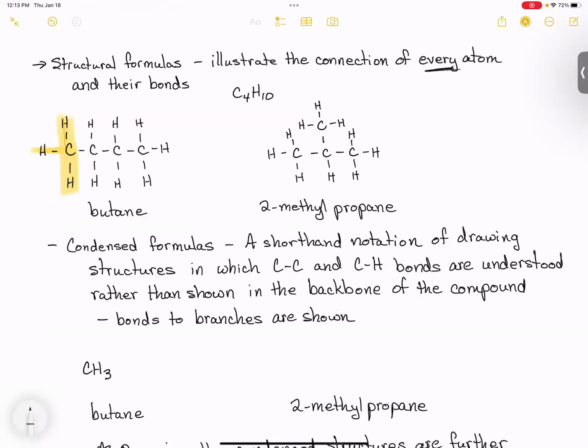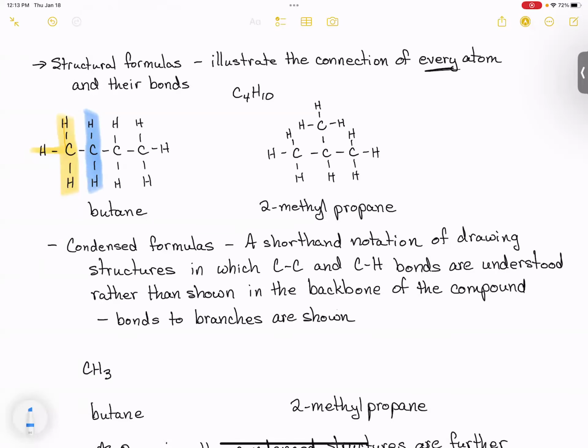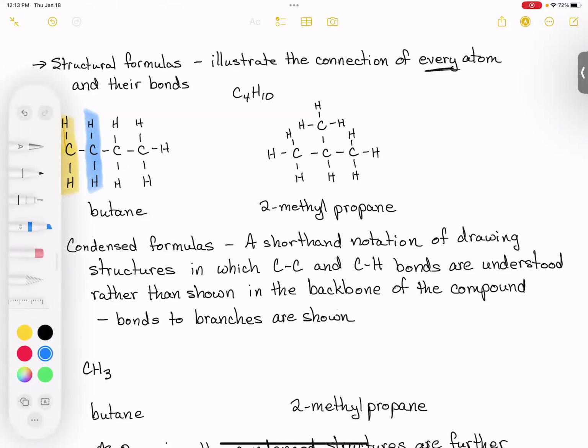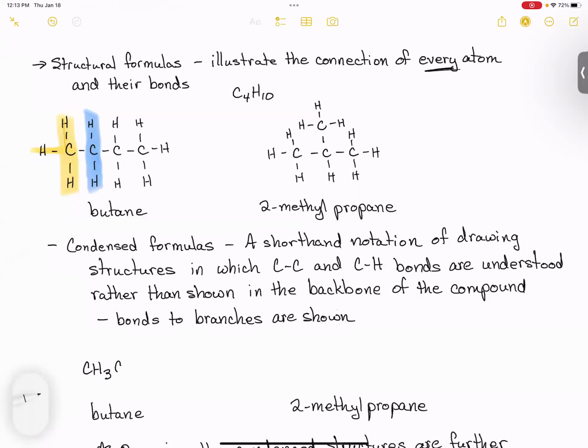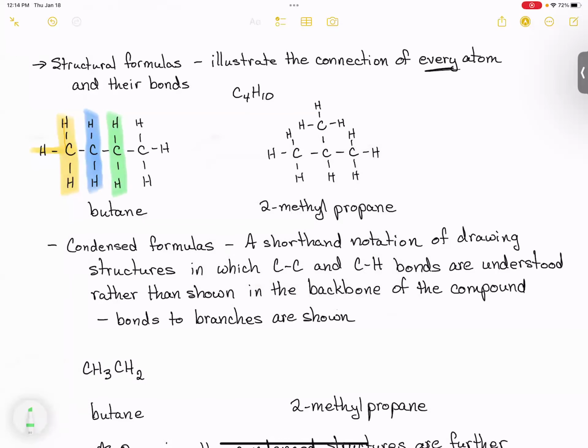CH3. The next carbon has 2 hydrogens attached to it. So we would write CH2. The next carbon has 2 hydrogens attached to it.